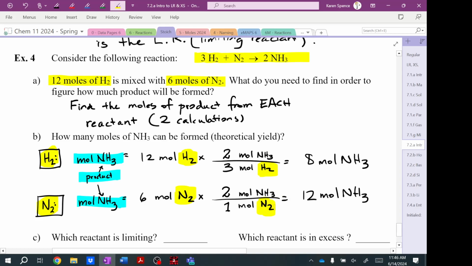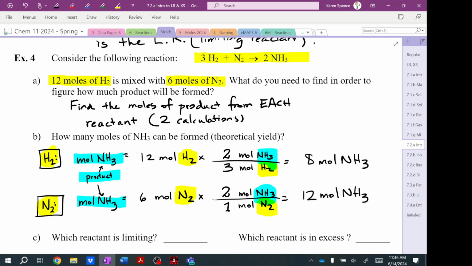In this one, you cancel your moles of N2, and for both of them, you find your moles of NH3. So if you use up all of the H2, you'll make 8 moles of NH3. If you use up all of the N2, you'll make 12 moles of NH3.